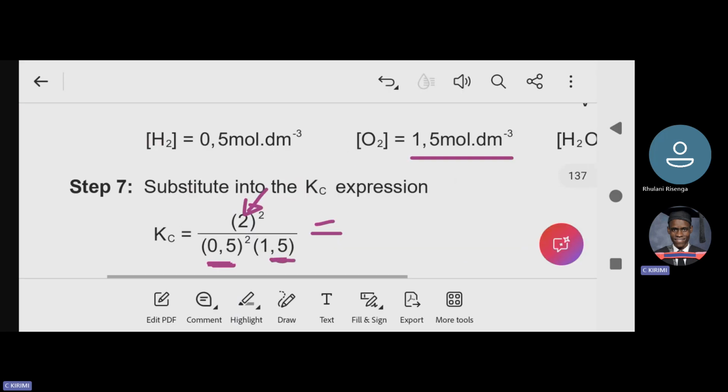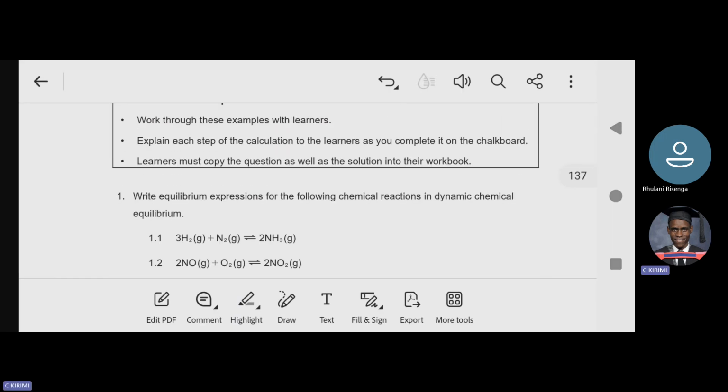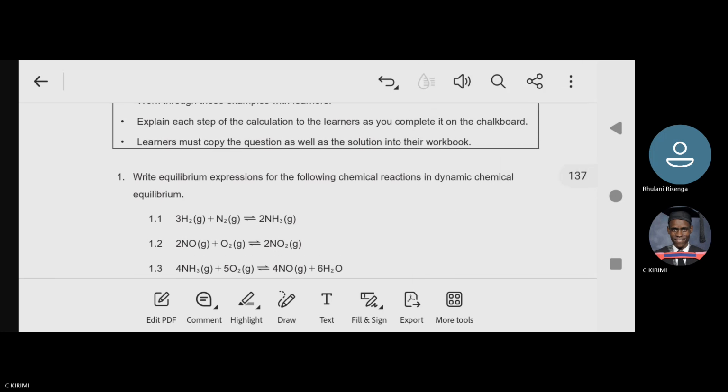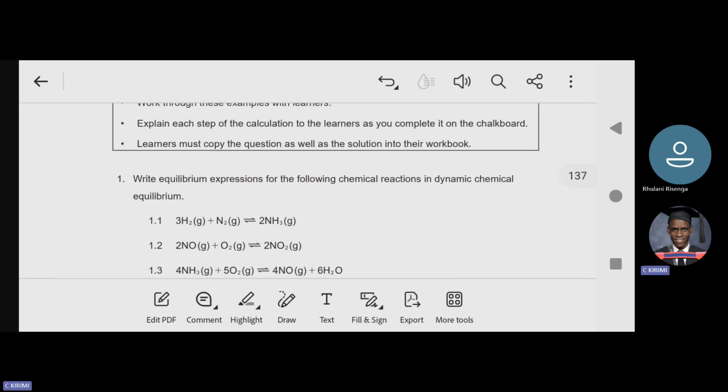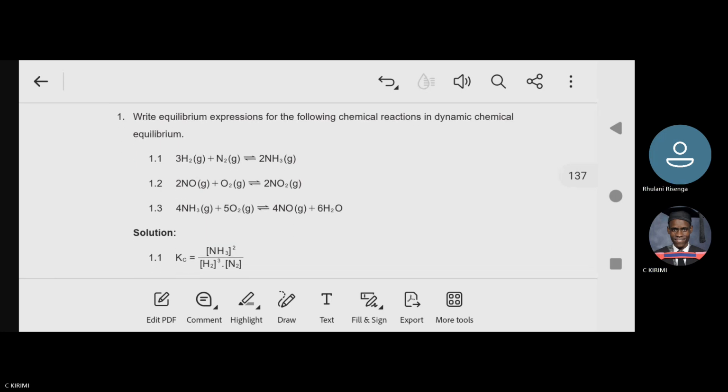That was the Kc. So these are equilibrium constant calculations, which was the warm-up. Write the equilibrium expressions for the chemical reactions in dynamic equilibrium. So we are calculating the Kc. When they say the expression, they did not say the answer, isn't it?